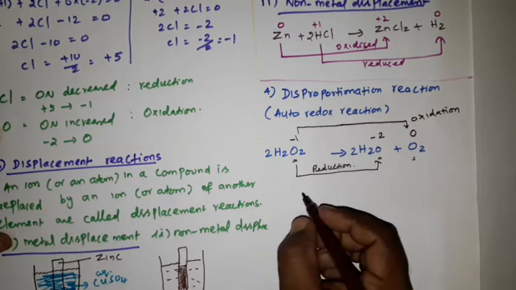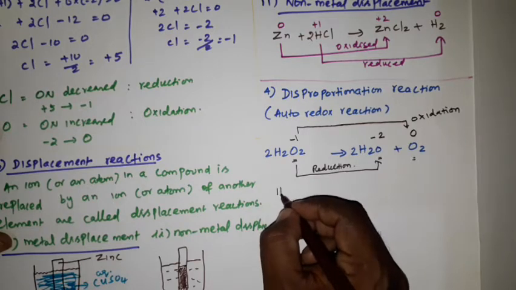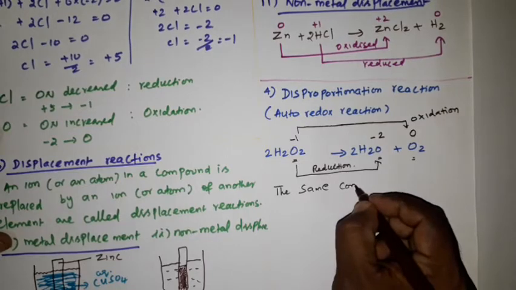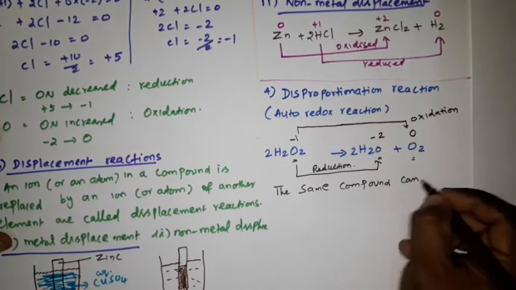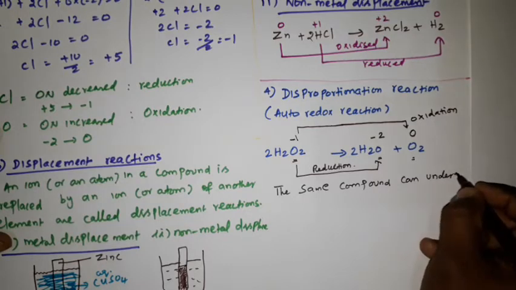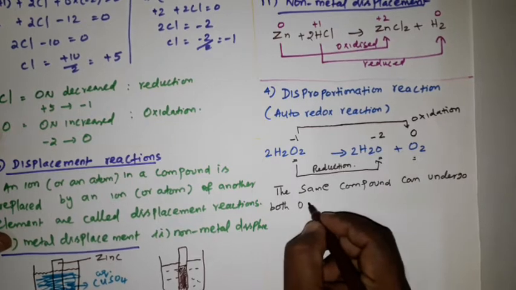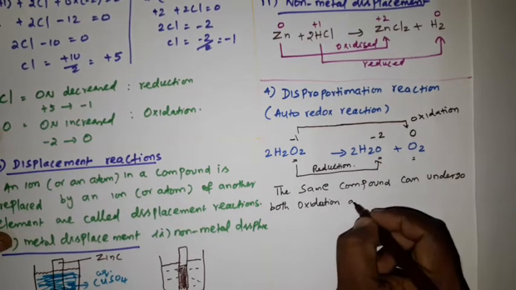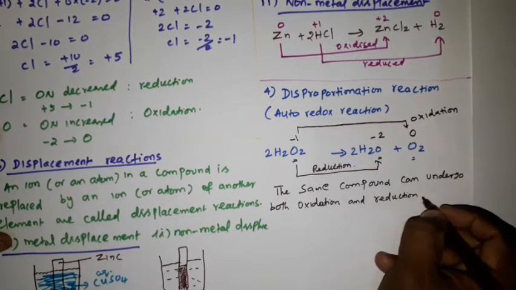So the conclusion is that in a disproportionation reaction, the same compound can undergo both oxidation and reduction. Clear?